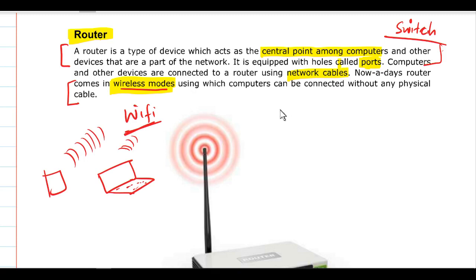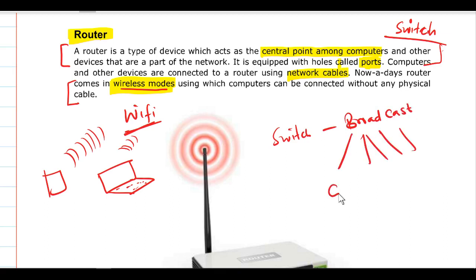The major distinction between a router and a switch is that a router is able to create a path where your data traffic will pass. Most of the time, the switch will do what is called a broadcast: it receives a signal or a packet, and then it is sent to all computers that are connected to the switch.